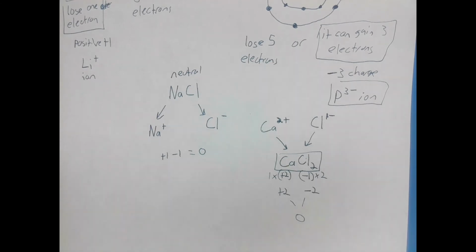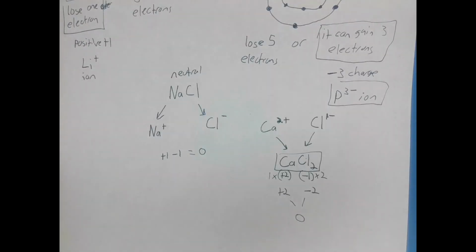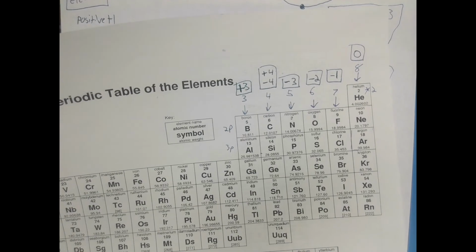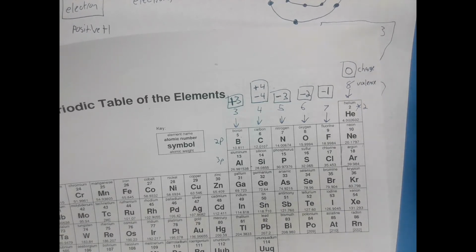Again, we'll be doing this later in the year. Right now, you just need to get down on electrons. This whole unit is just on electrons. So this is charge, and this is valence. And there's a section on helium. It has 2 valence.